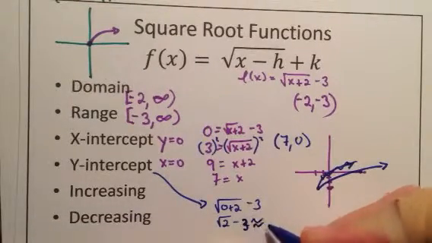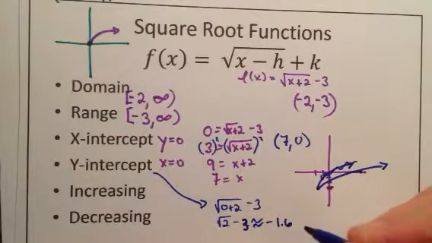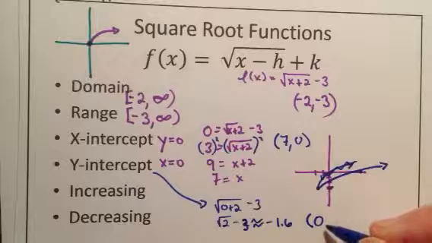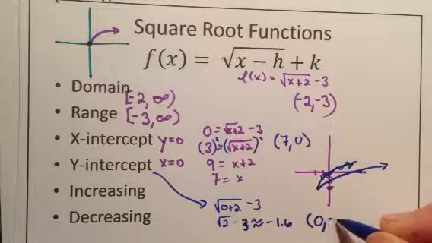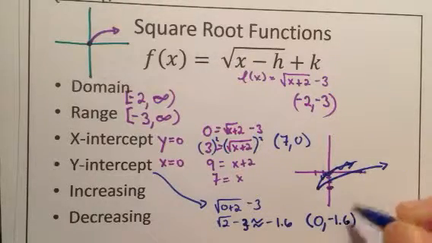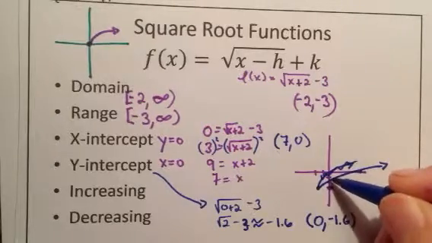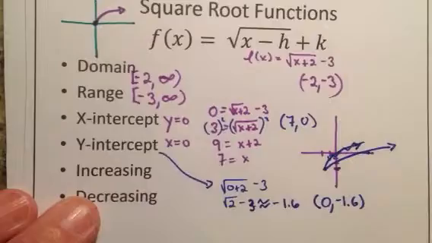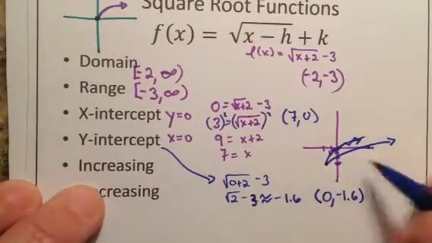So this is about -1.6. So let's see if that makes sense on my graph. I should have a y-intercept at 0, -1.6. Yeah, that's about right, right? Given my very rough graph.